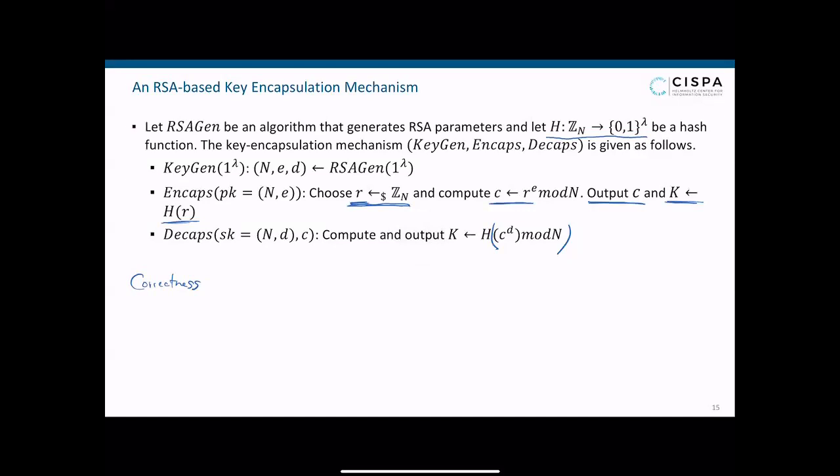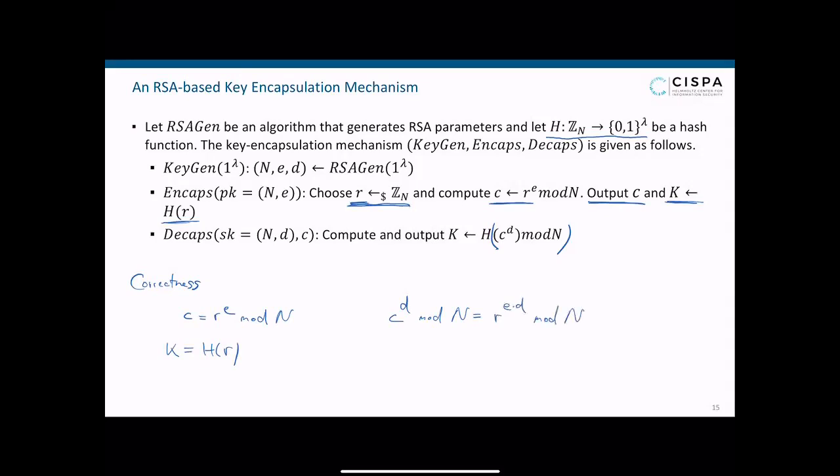So when you have C equals R to the E mod N, then of course here you have your K, which is just H of R. But now when you decrypt it, you just have C to the D mod N, which is R to the E times D mod N, right?